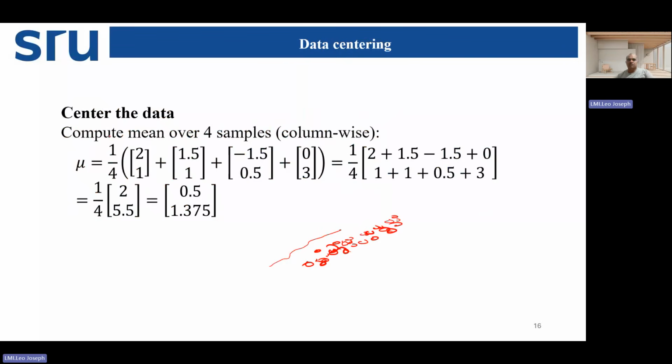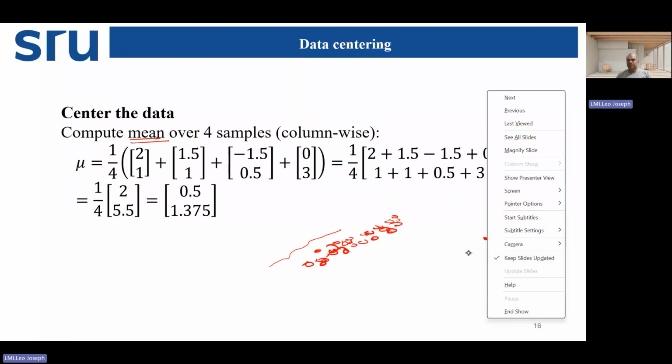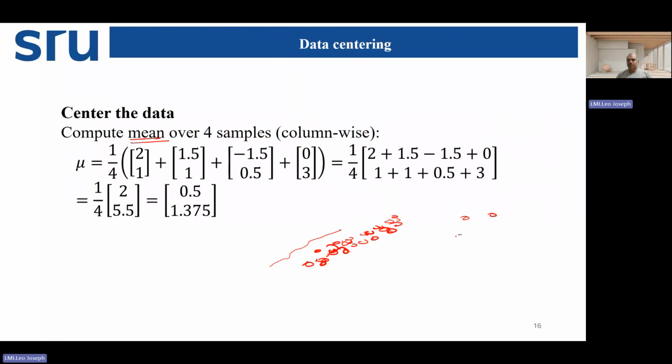But after computing the mean, our data will get centered, and around that all data will come like this. So from the center you can take axes like this. So this is the importance of concept whitening. That is why we are doing all these things.